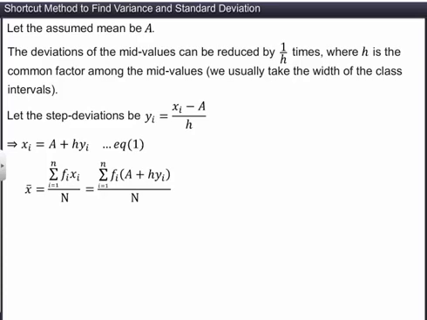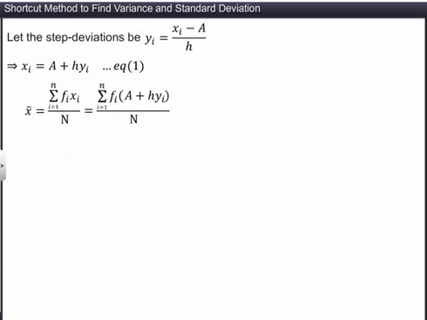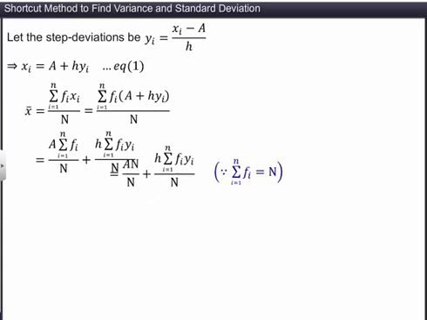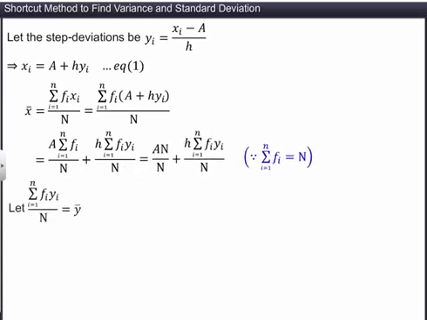On simplification, the right-hand side of the equation becomes A multiplied by the sum of the frequencies divided by n plus h multiplied by the sum of the products of fi and yi whole divided by n. We know that the sum of the frequencies is equal to n. Let the sum of the products fi and yi whole divided by n be equal to y bar. Therefore, x bar is equal to A plus h multiplied by y bar. Let this be equation 2.